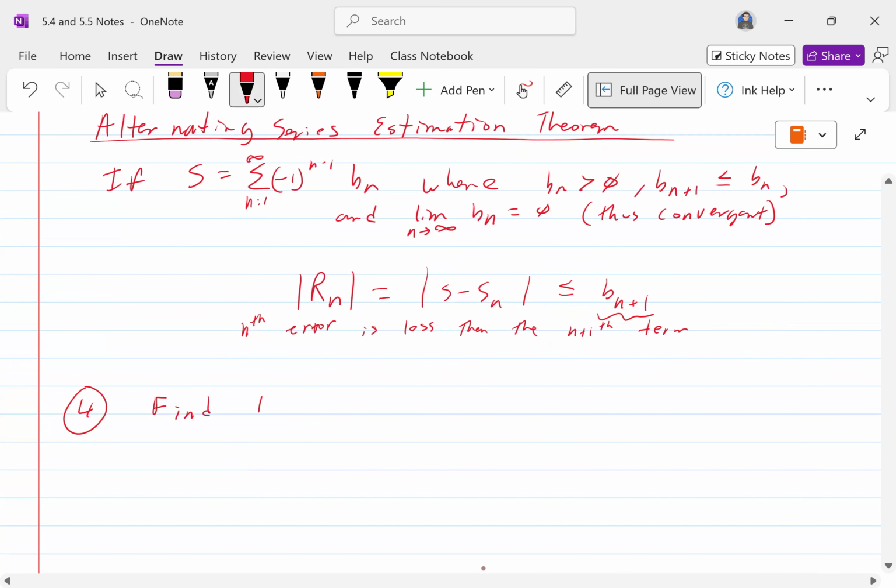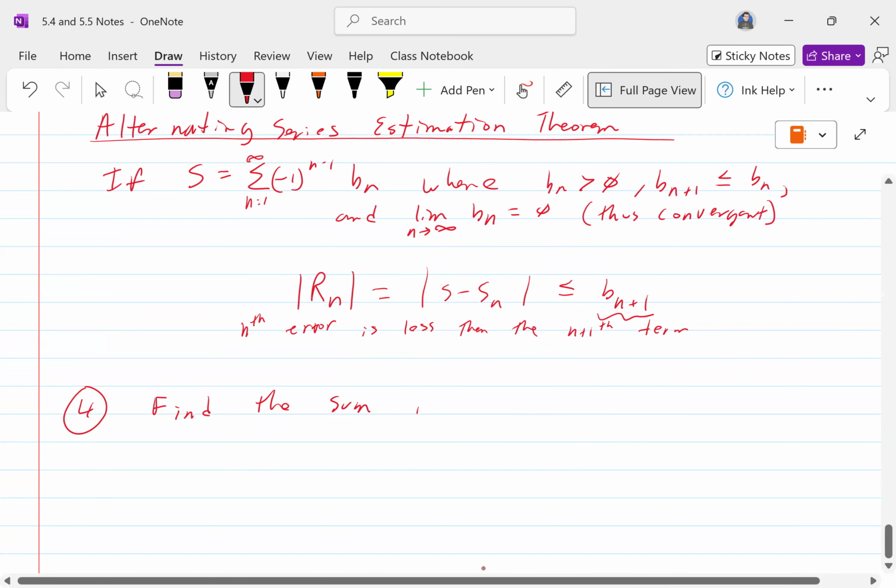Find the sum of the series, the summation n equals 1 to infinity of (-1)^(n-1) over n factorial, correct to 3 decimal places.